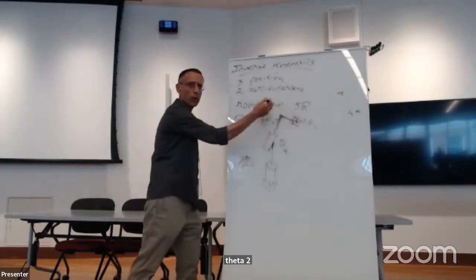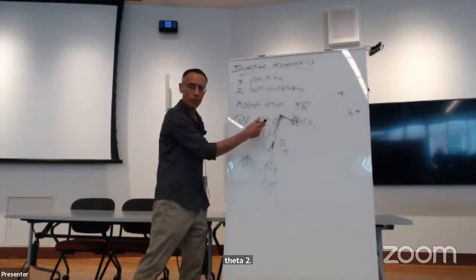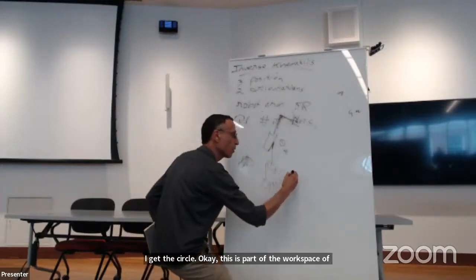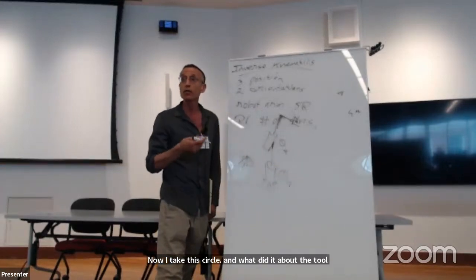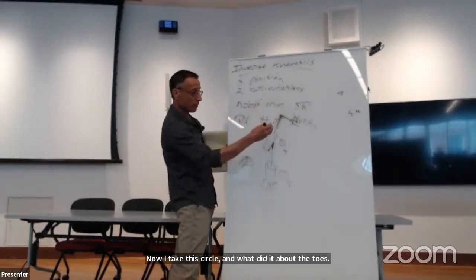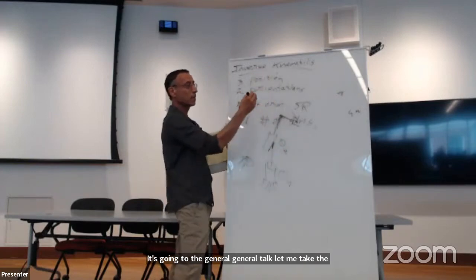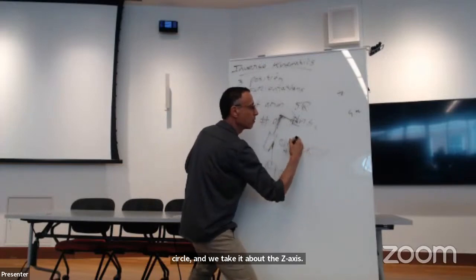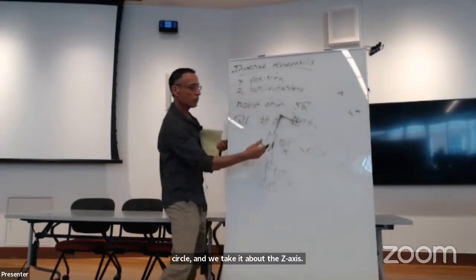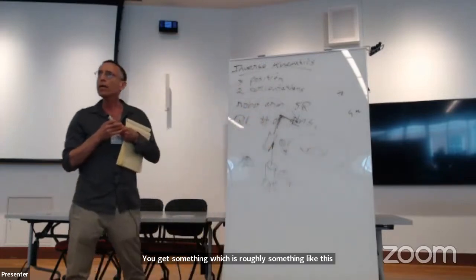This is part of the workspace of the robot. Now I take this circle and rotate it about theta 1. I get a torus. It's called the general torus. Let me take the circle and rotate it about the z-axis. So you get something roughly like this. And that's the workspace.